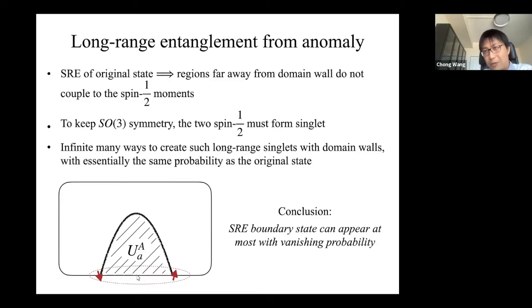So they couldn't couple to this dangling spin-1/2. They couldn't absorb the spin-1/2 moments. We do want to get a ground state that's SO3 symmetric. So the only way to make the state SO3 symmetric is to lock these two dangling spin-1/2 into a singlet. Essentially, you don't have any other degree of freedom to play with.